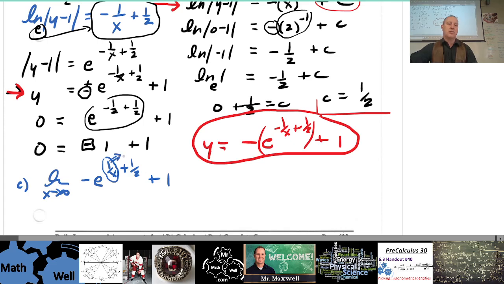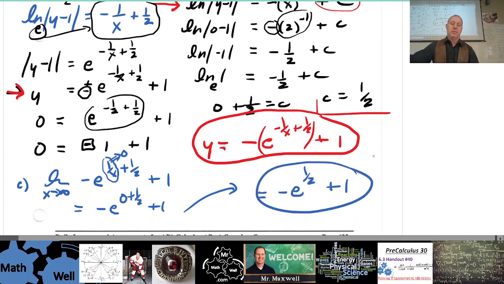What does this come to? 0. So that's going to equal negative e to the 0 plus 1/2 plus 1. Or the limit equals negative e to the 1/2 plus 1. No fancy footwork in evaluating this limit at all, just pretty straightforward. Okay?